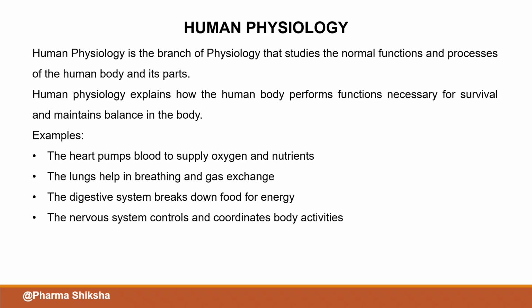Here we can see a few examples: the heart is pumping blood to supply oxygen and nutrients, and the lungs help with breathing and gas exchange in the alveoli, and the digestive system breaks down food into energy, along with absorption, and the nervous system controls and coordinates body activities by sending signals. So human physiology means we are studying the normal functioning and processes of the human body, and how the different parts are sustaining and coordinating together.